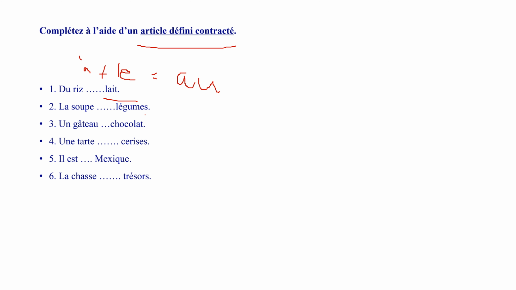And la soupe, légumes, S, of course, is indicative of the plural form. It would be à plus les, L-E-S. What would it give you? A-U-X. So, la soupe aux légumes, du riz au lait, singular, and this is plural. The rest, 3, 4, 5, 6, please do it on your own, and then we can correct it later.